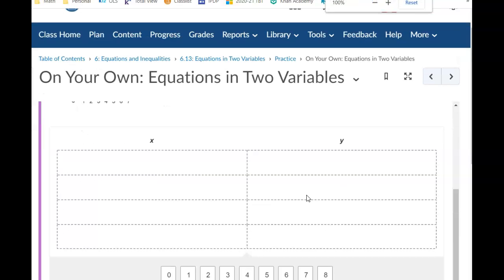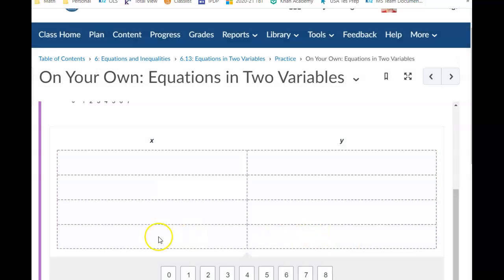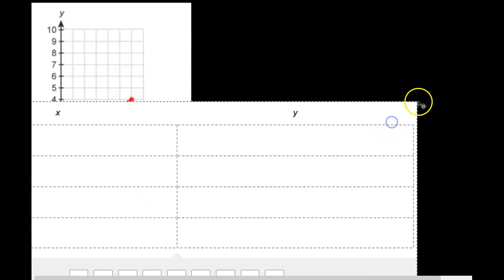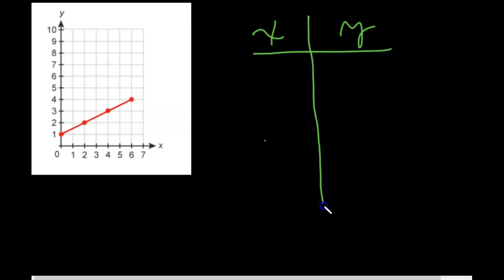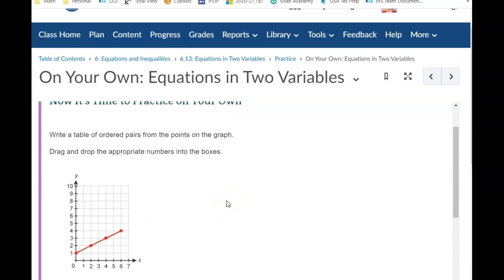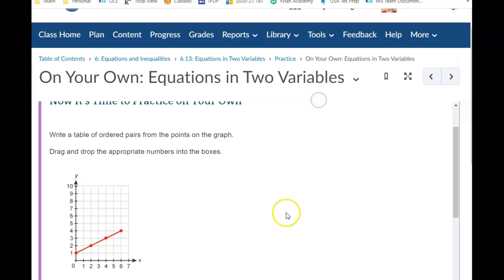I don't think I can actually adjust this here, so I'll just make my own little T-chart here with an X and Y, with all those numbers, 0 through 8, to write a table of ordered pairs from the points on the graph.